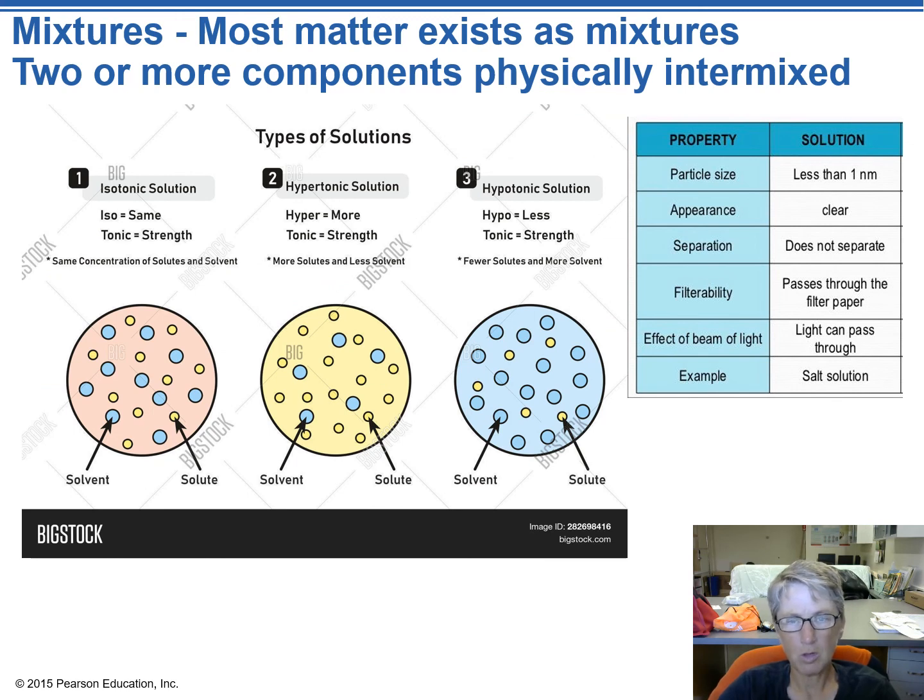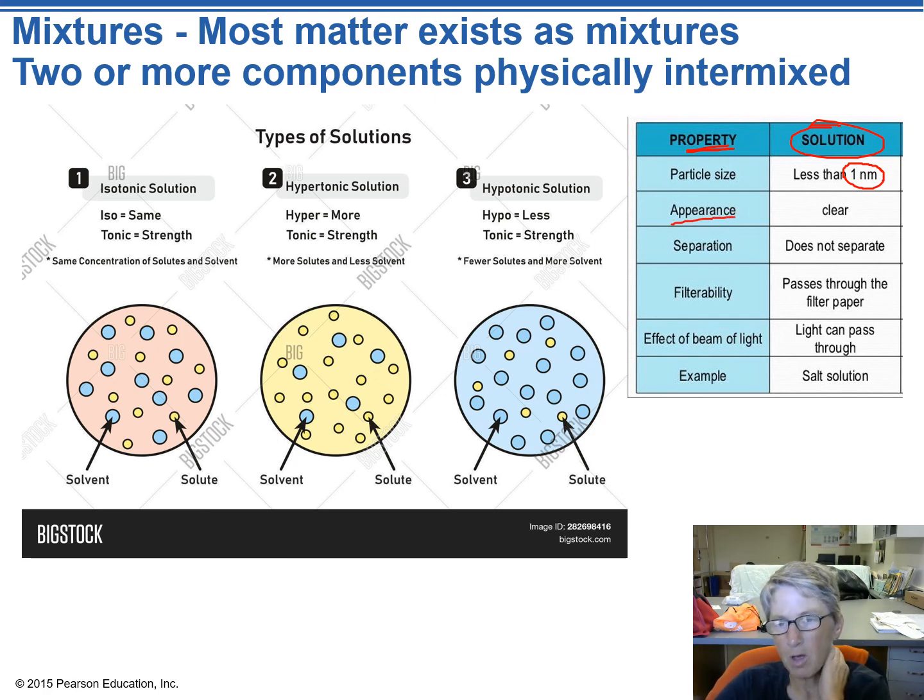Types of solutions. So we've already talked about this. So here's a solution. Here's the properties of a solution. If you are a solute in a solution, then your size is less than 1 nanometer. So chloride and sodium, those ions would be less than 1 nanometer in circumference.